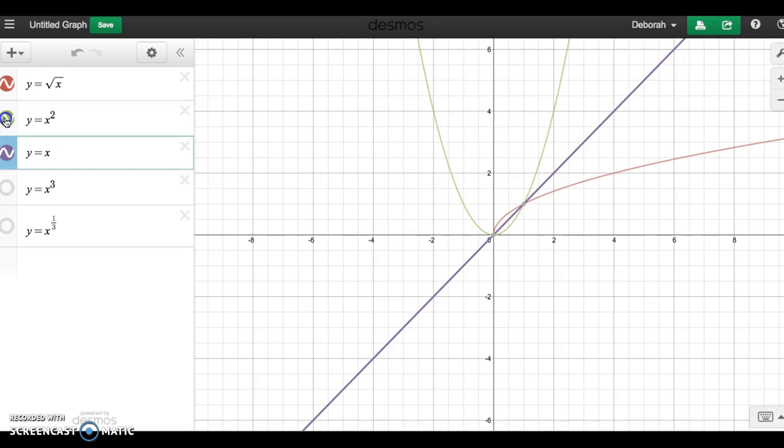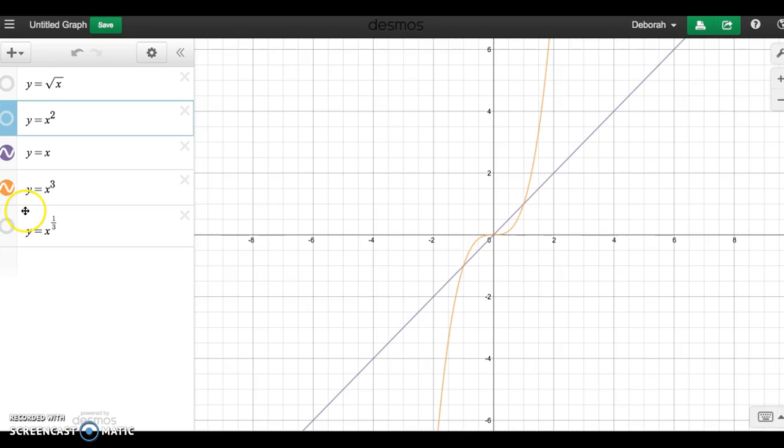Let's do the same thing with cubed roots and cubic functions. If you recall, this orange graph is the graph of x cubed, and it's sort of that spaghetti squiggle. I'm going to leave that y equals x line up because when we graph the cubed root of x, we get, again, a reflection over this line.